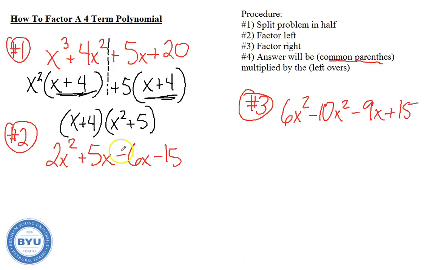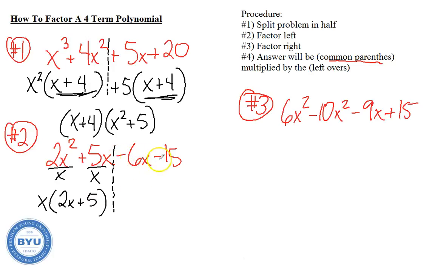Number 2, same procedure. Over here on the left, nothing comes out of 2 and 5, so it looks like the only thing I can take out of here is an x. So I take out an x. That leaves me with 2x plus 5. And here I'm going to take out, it looks like a 3.